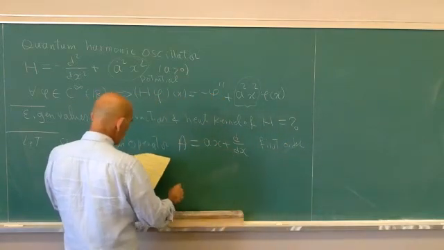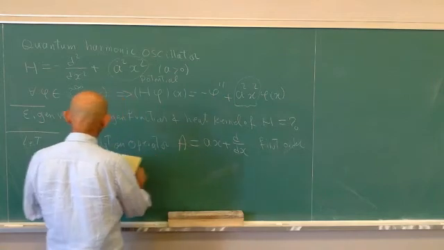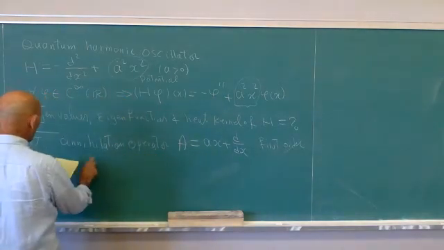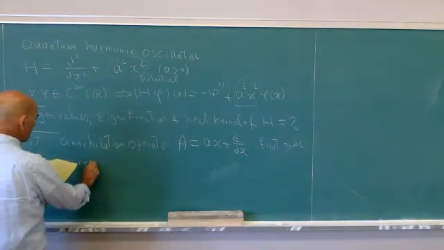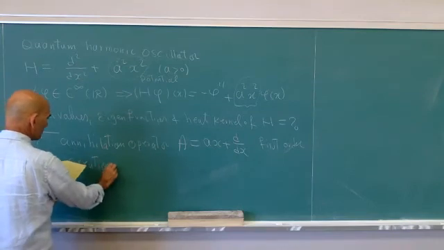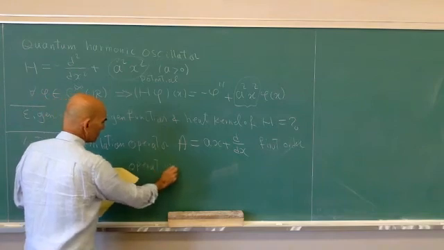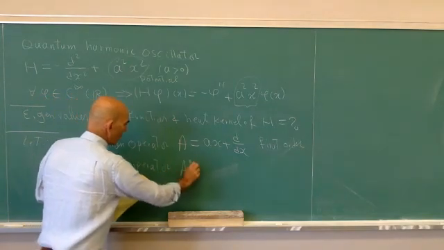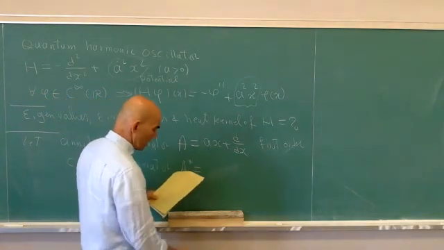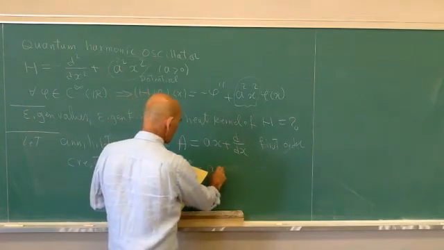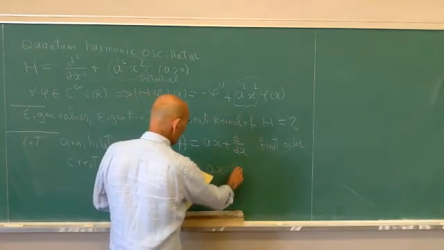And we also define A star, the creation operator. A star is equal to a x minus b d/dx.